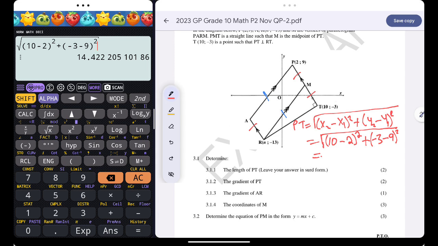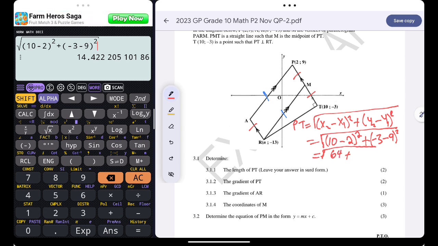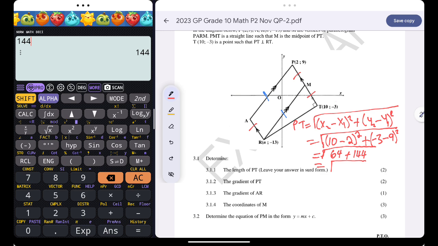So I think I have to write it as: 10 minus 2 is 8, right? 8 squared is equal to 64, plus -3 minus 9 is -12. 12 squared, I believe, is 144. When I add 144 and 64, that is 208, right?